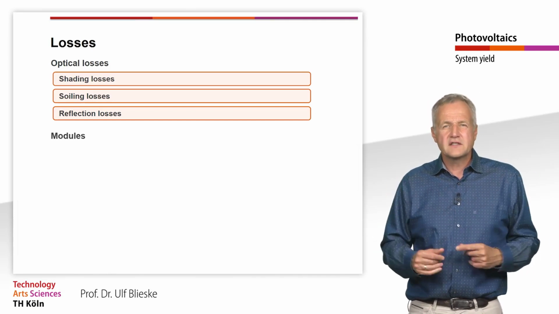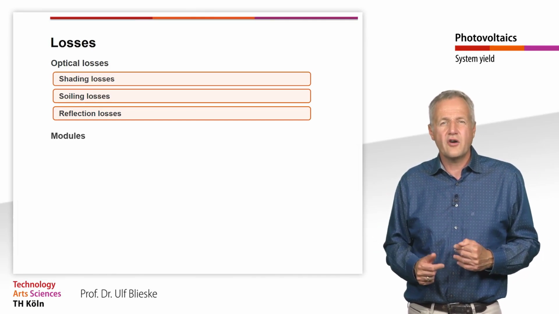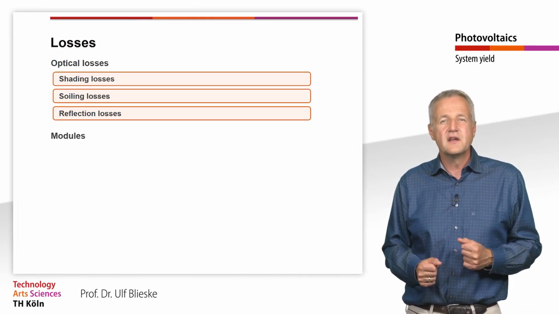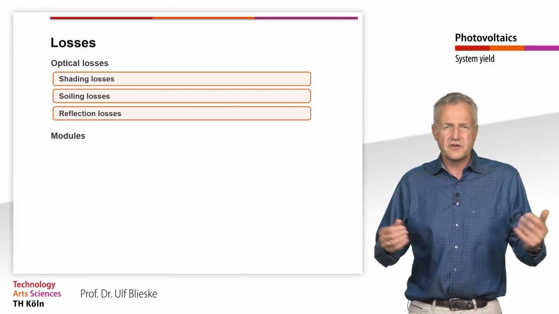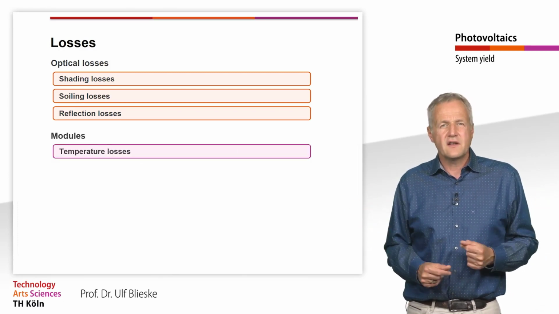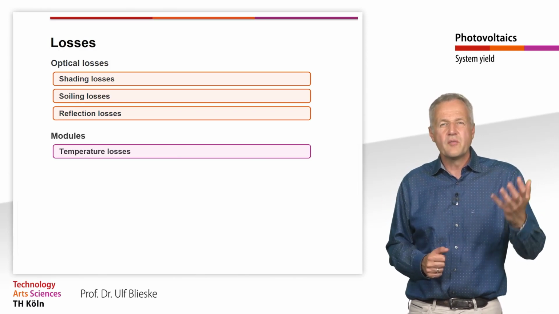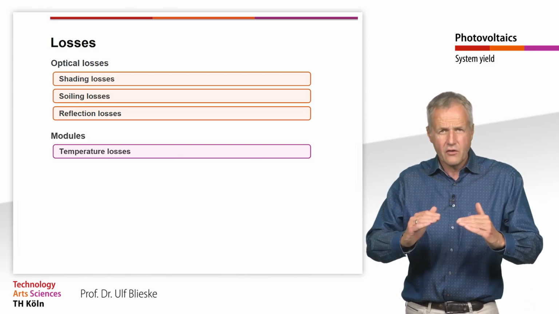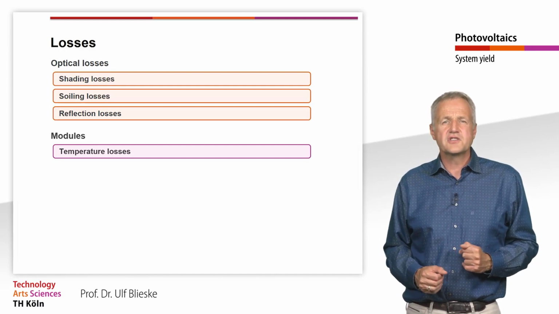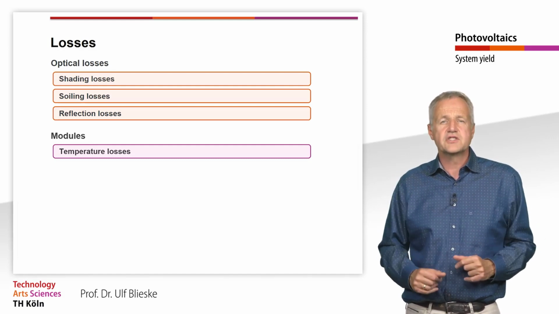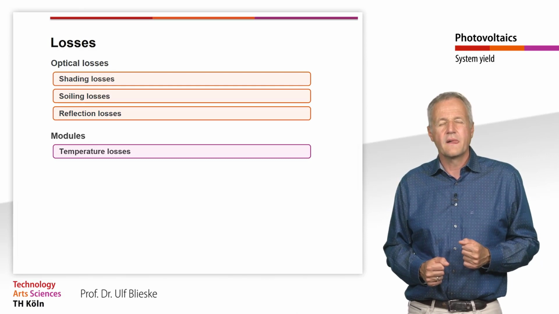The most important factor which we have left out of the calculation of the ideal yield is the influence of the temperature. We have already seen in the last unit of this chapter that the actual power output of PV modules is significantly lower than under STC conditions due to the temperatures reached during normal operation.